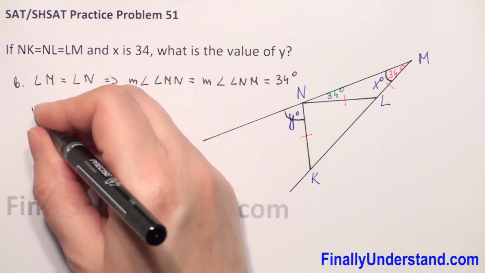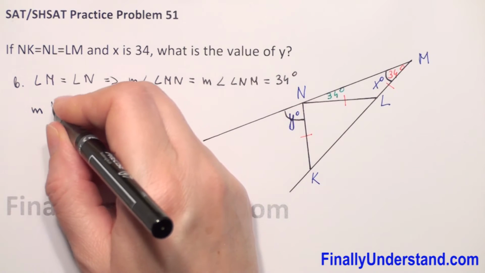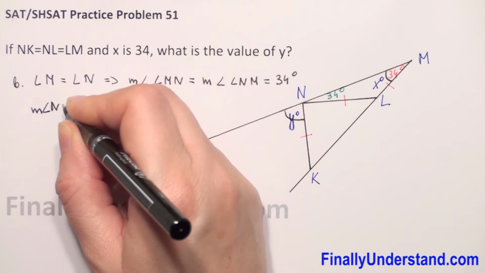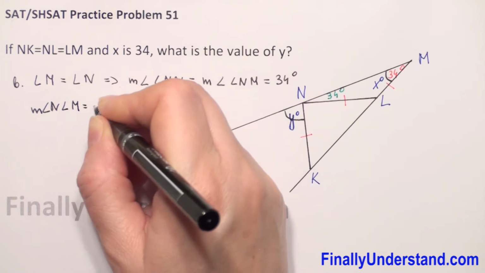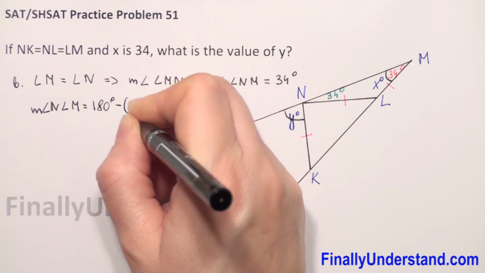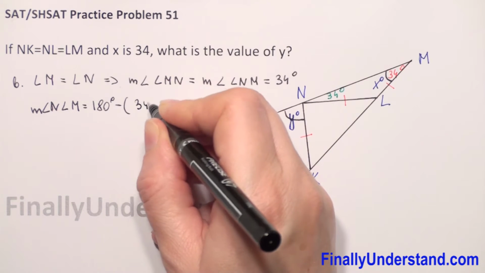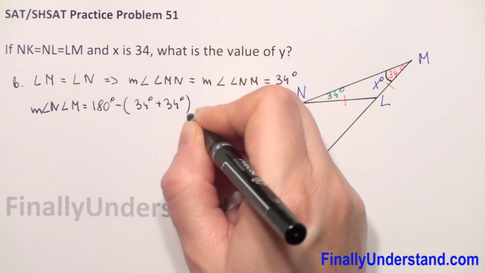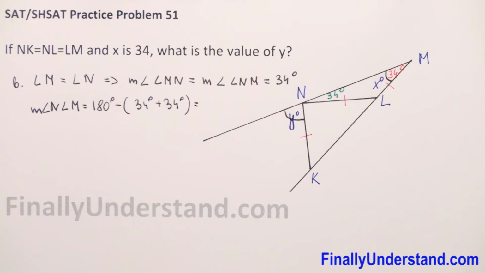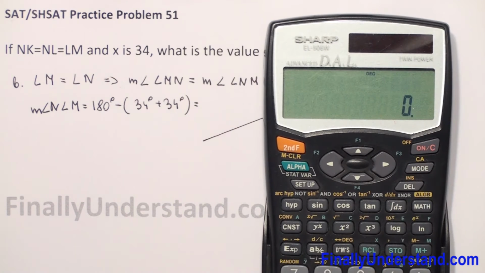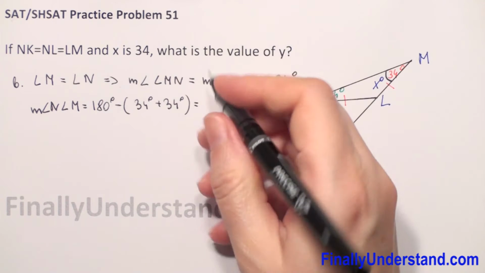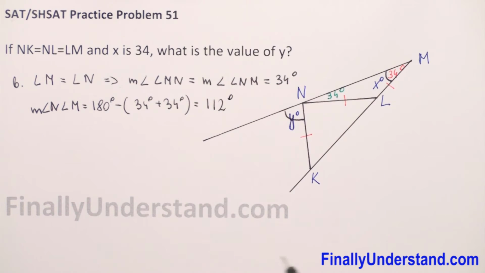So the measure of angle NLM is equal to 180 degrees minus, and we have two angles of 34 degrees, 34 degrees plus 34 degrees. So this is equal to 180 minus 2 times 34, so this is equal to 112 degrees.